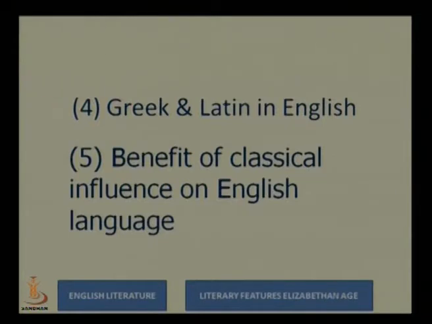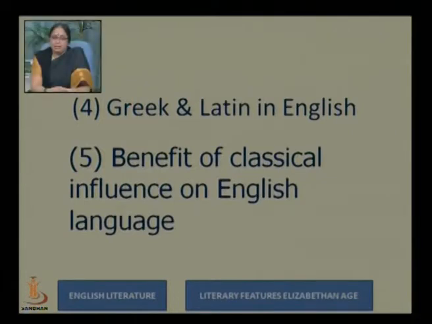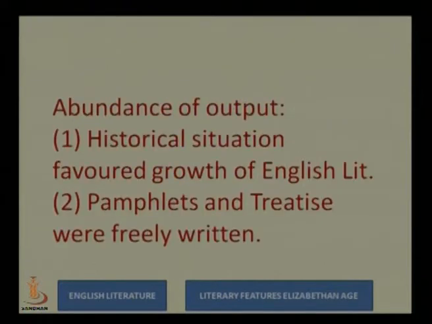Benefit of classical influence on the English language. Now, this is how, when we talk about the classical influence on the works of the Elizabethan age, you will find that these kinds of influences, not only the language but also the literature of the classical languages, did impact or did find a place in the English literature of that period.